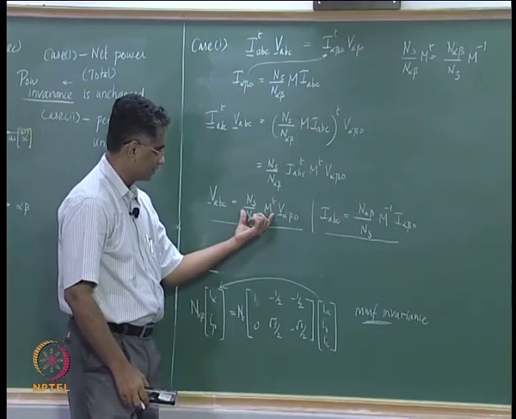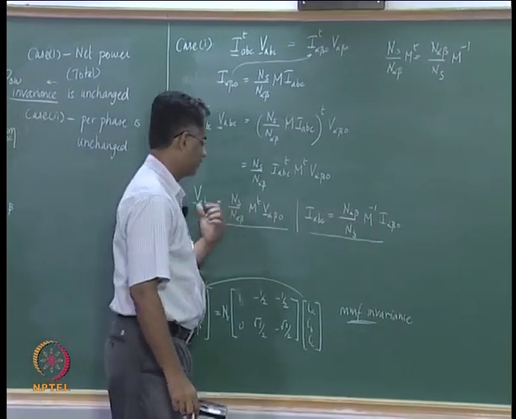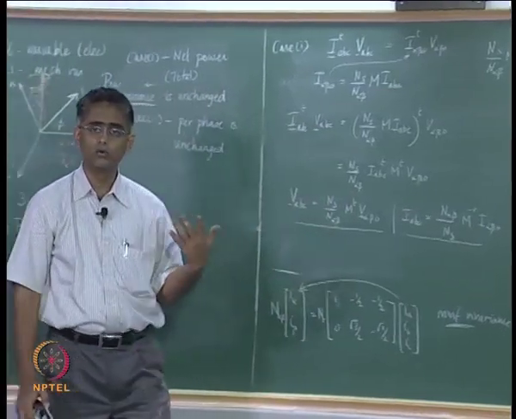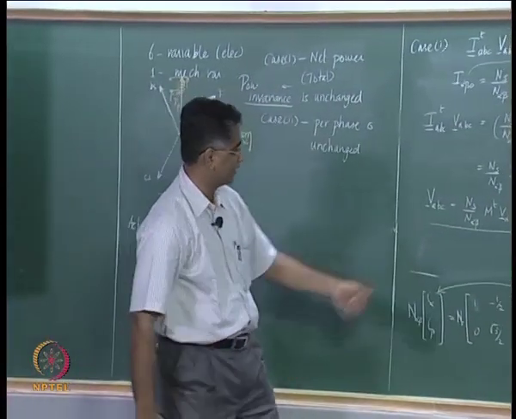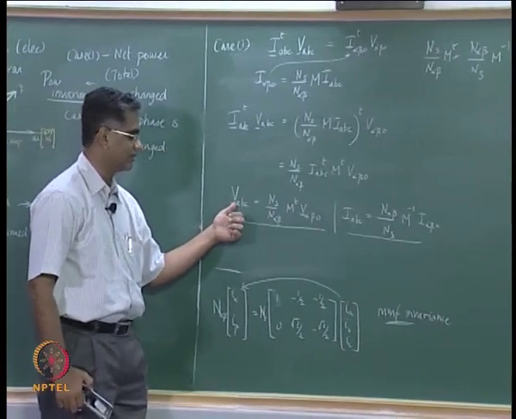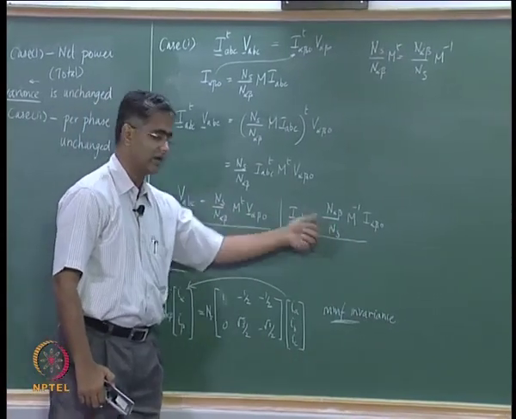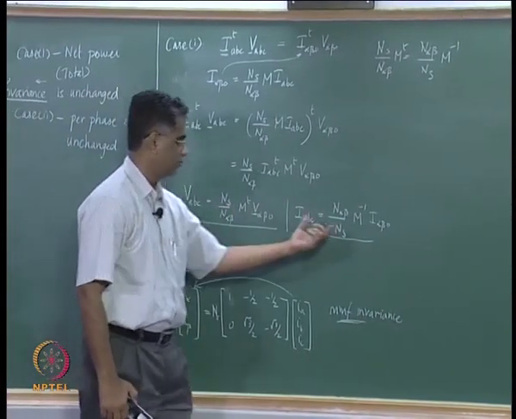So, this must be equal to this if the two equations are to look identical, that is the manner in which alpha beta has to be transformed to ABC is the same for V and I, then this part should be equal to this part.